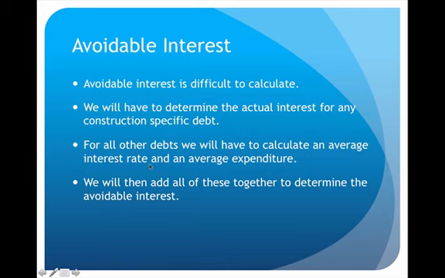And then you average that to get an average rate and an average expenditure. And then that's added together to get the avoidable interest. So that's a little tougher to calculate. And in fact, in another video, we're going to actually work a demo problem where we focus exactly on how to do those calculations. But that's what GAAP says about interest and how it is handled on self-construction of assets.